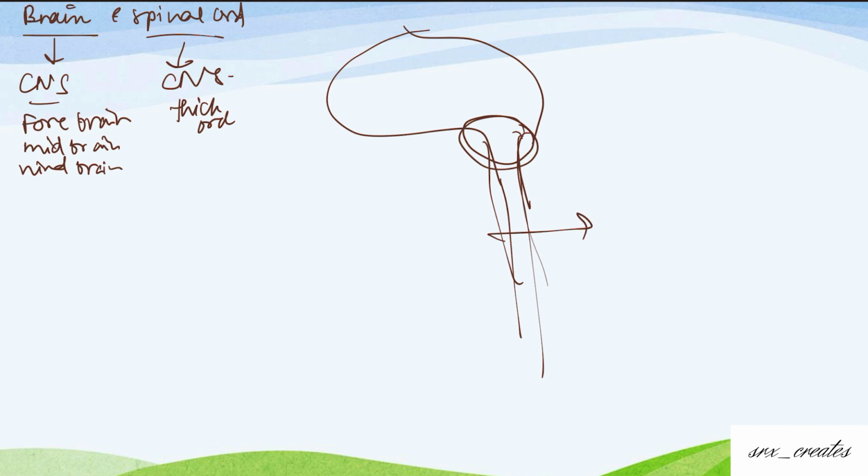So, spinal cord extends from medulla oblongata in parallel with vertebral column. Vertebral column means the vertebrae. Column means a small, straight something.